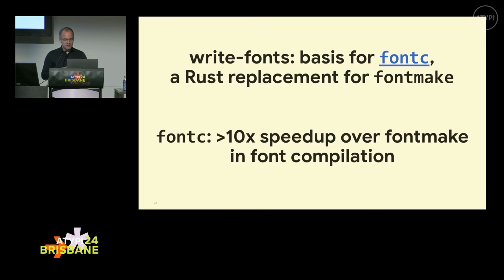And by using Fontations, we're seeing tremendous speed-ups of at least 10 times the speed. For example, for one internal project that Google Fonts is working on, they gave me some numbers that the compilation time of compiling this font project from the sources to the final font binary is going down from 1 minute and 47 seconds to 9 seconds.